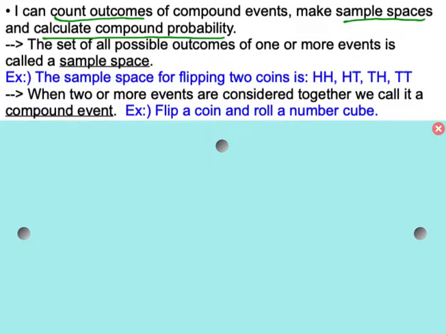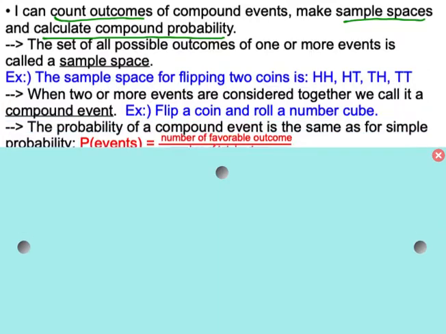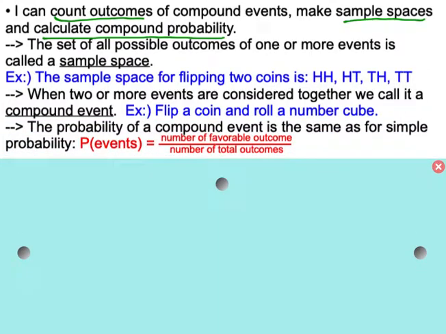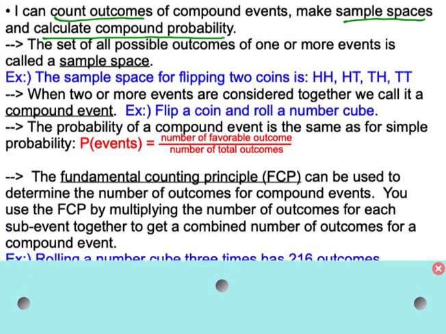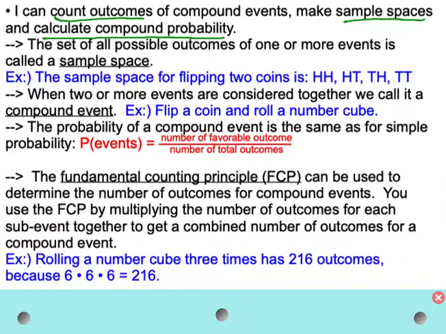When 2 or more events are considered together, we call it a compound event. For example, flip a coin and roll a number cube. That was one of the examples from last time. The probability of a compound event is the same as for simple probability: the number of favorable outcomes divided by the number of total outcomes. The fundamental counting principle, FCP, can be used to determine the number of outcomes for compound events.